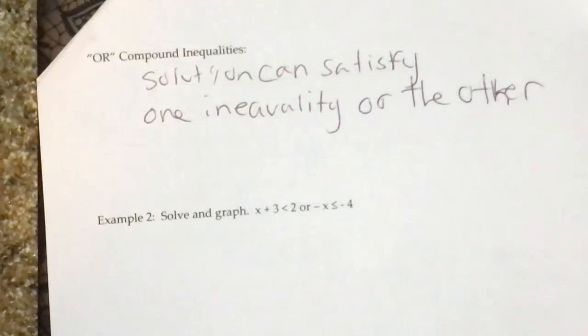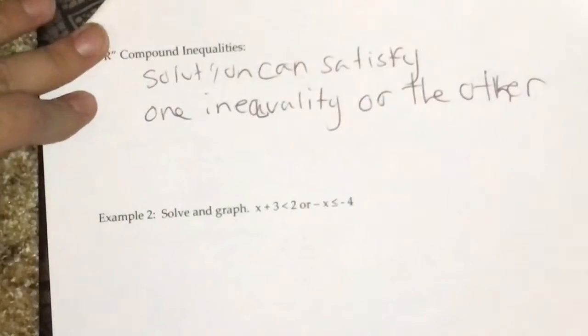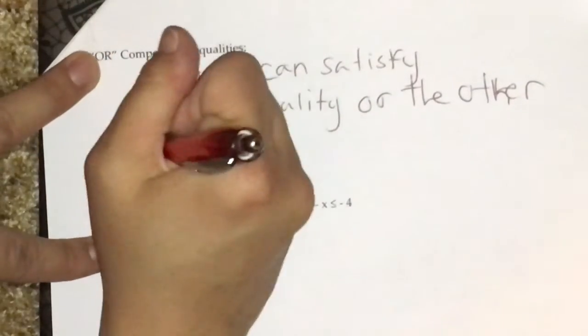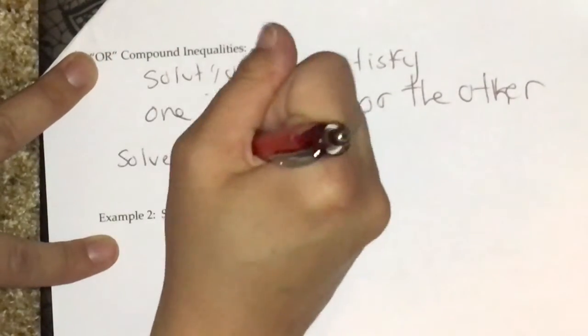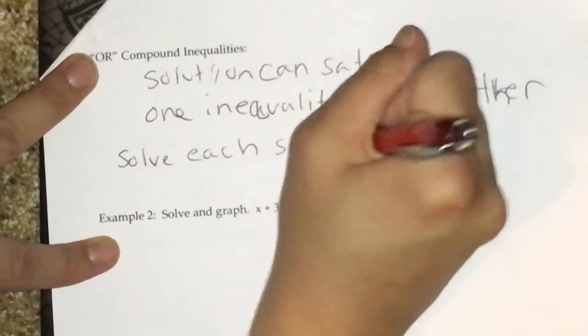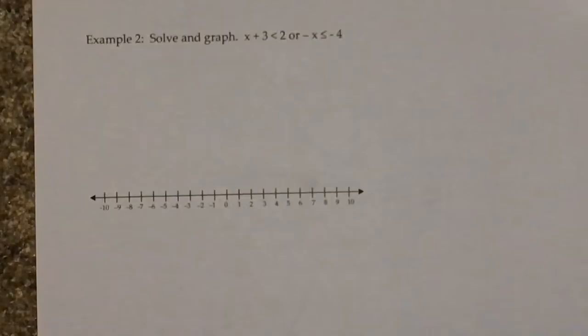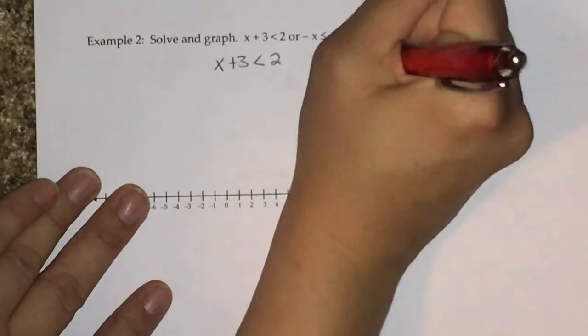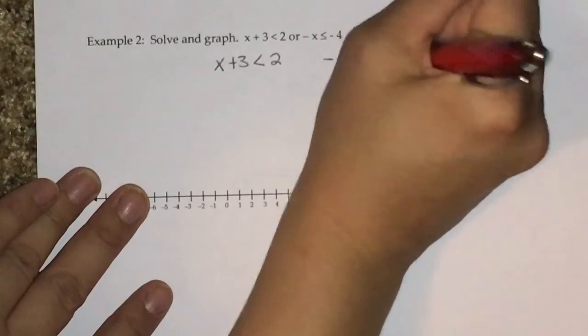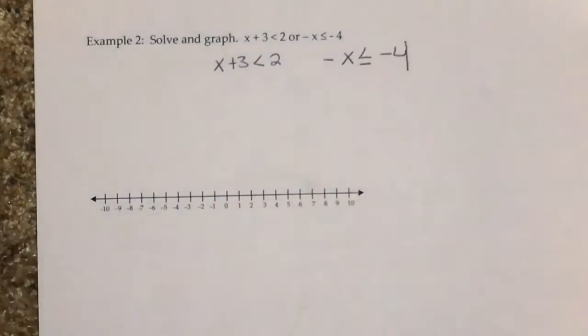It can satisfy one inequality or the other. In order to do that, solve each separately. Okay? So example 2 says x plus 3 is less than 2 or negative x is less than or equal to negative 4. So it has to satisfy one or the other.